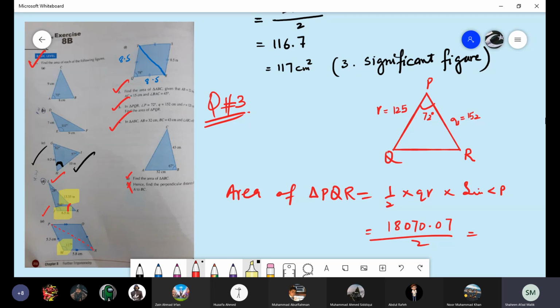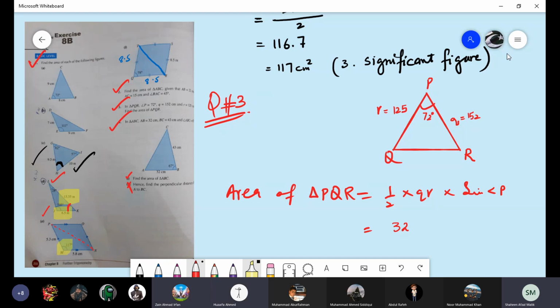Multiply them together. You can multiply them together on the same calculator. Ma'am, the answer is coming 18070.07381. One second, let me check with my calculator. 125 multiplied by 152 multiplied by sine 72.